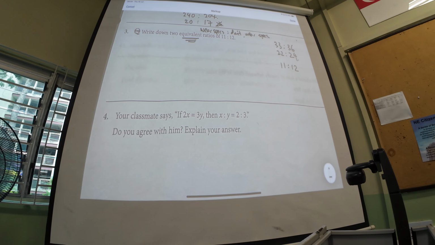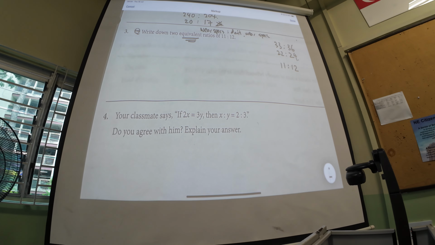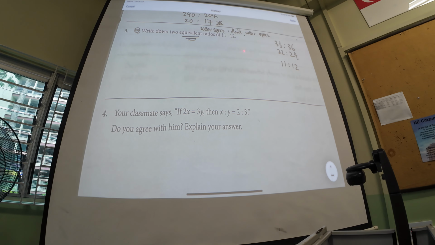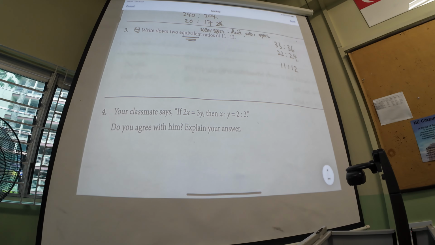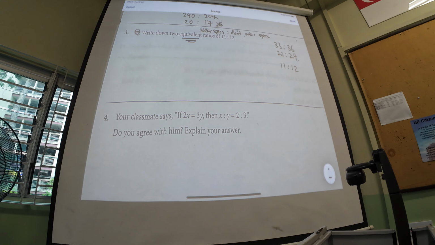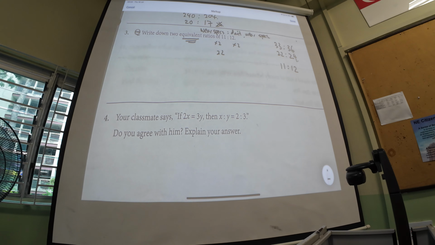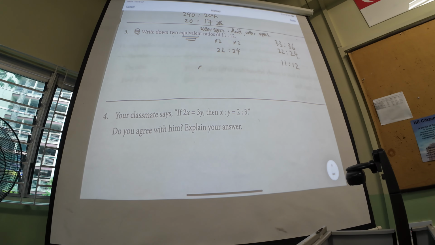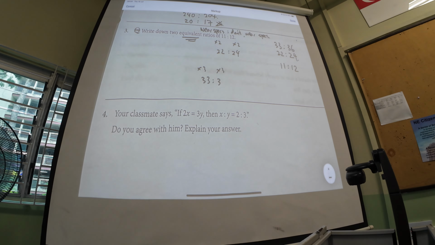So when I'm given 11 to 12, how do I get these? I just multiply. As long as I multiply the same number to both sides, I will get more equivalent ratios. So 22 to 24 is when I multiply by 2 to both sides. If I multiply by 3 to both sides, then I get 33 is to 36.